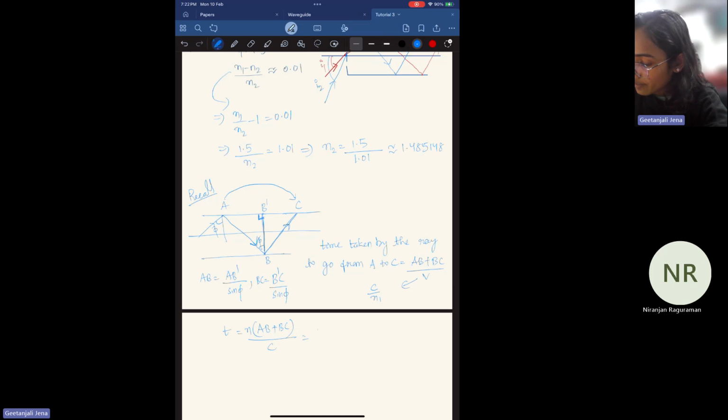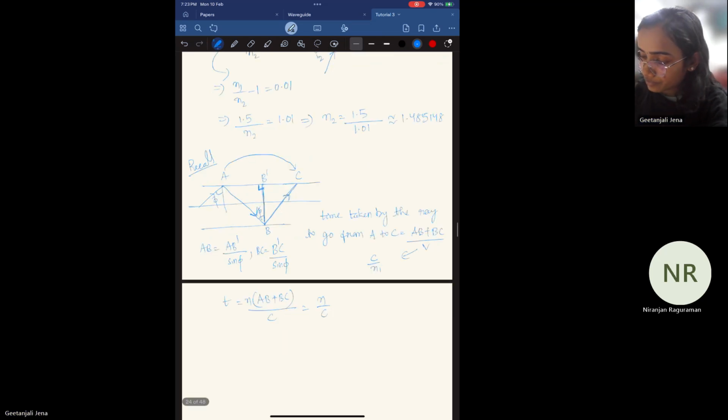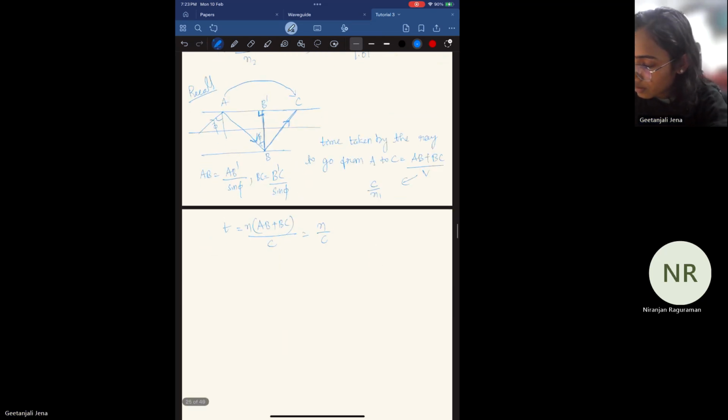So that means we have N by C of AB prime plus B prime C over sine phi. And AB prime plus B prime C is nothing but AC, the part of the fiber length.